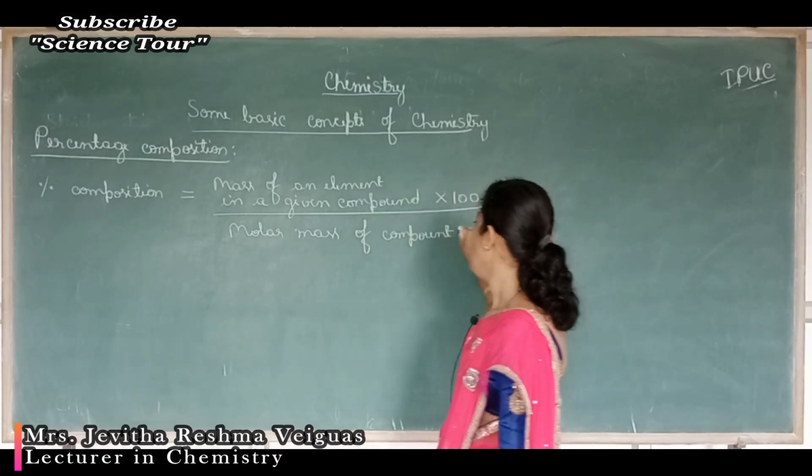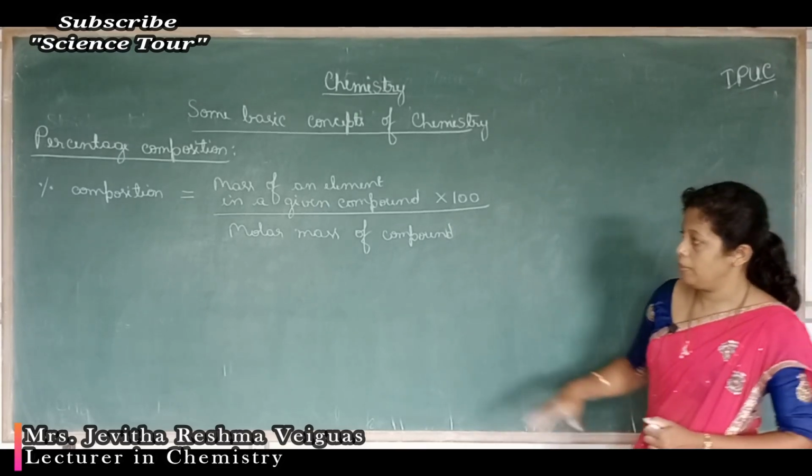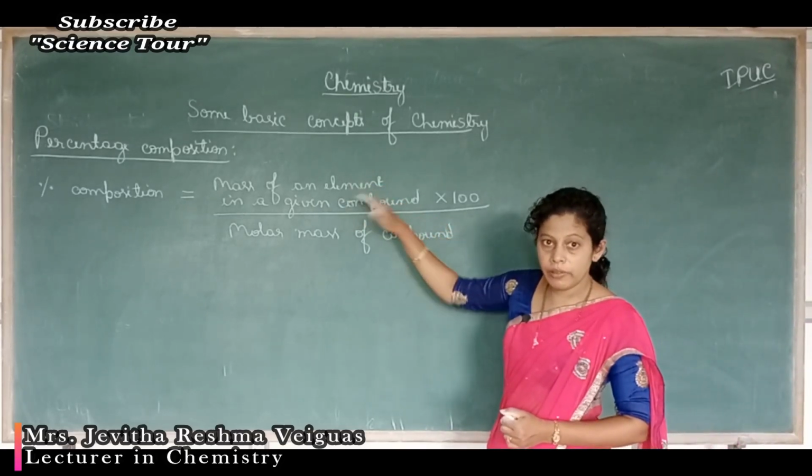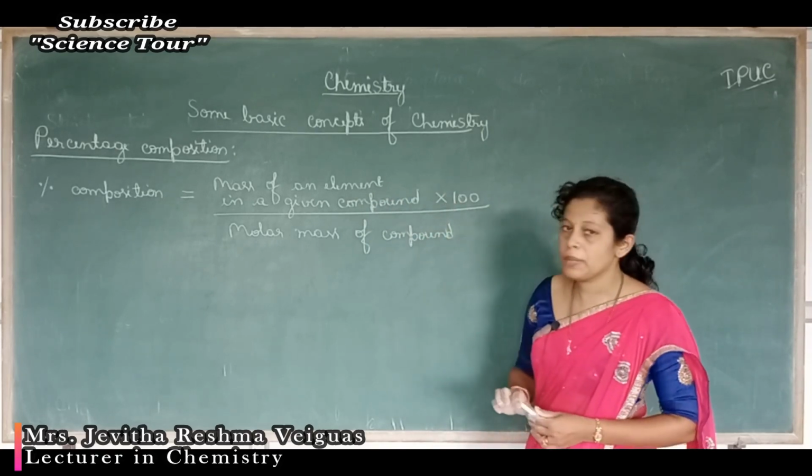This is how we can calculate percentage composition of an element. Mass of an element in a given compound divided by molar mass of a compound into 100 is the percentage composition.